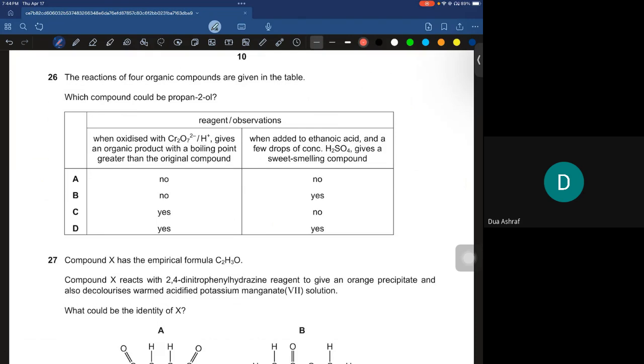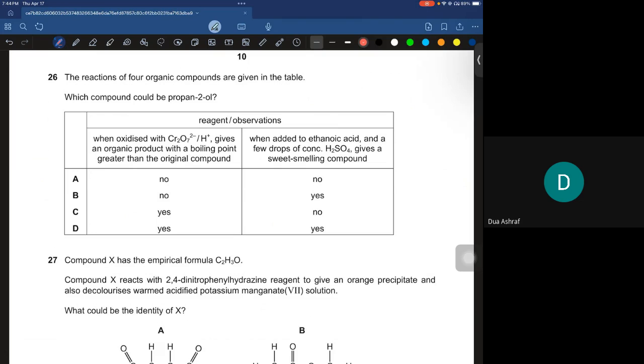When oxidized with Cr2O7 2-, H+, it gives an organic compound with a boiling point greater than the original compound. Propan-2-ol after oxidation would give you a ketone, right?